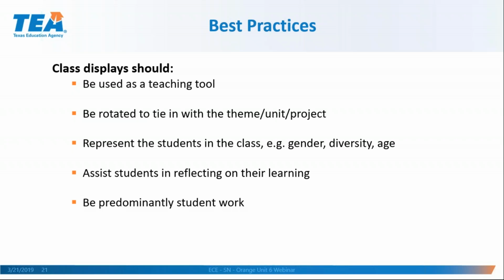Whatever is up in the room should be used with the children. It should be rotated to tie in with the theme or the unit.